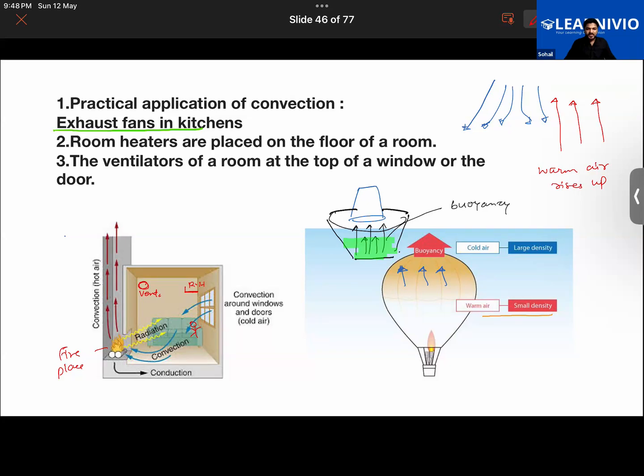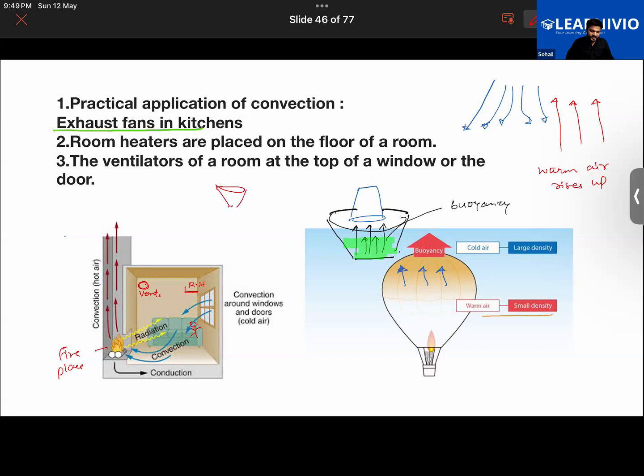Ships also tilt, but still you see that the force of buoyancy is acting on it. Ships will sink only if the tilt is too much. Ships are designed in such a manner that up to some angle of tilt, they will not sink.